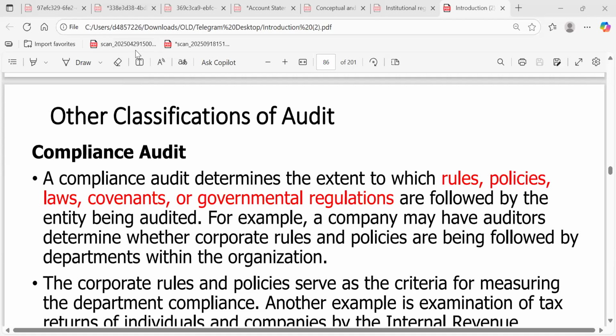So let's take, for example, Ghana Standards Authority. They set standards on how industry should be and all of that. So sometimes they can carry out a compliance audit to cross-check and see whether entities have actually complied with the stated procedures and with what they are supposed to do. So that takes the form of a compliance audit.